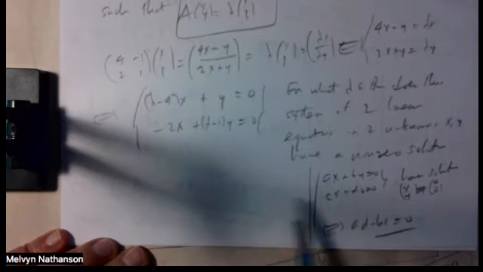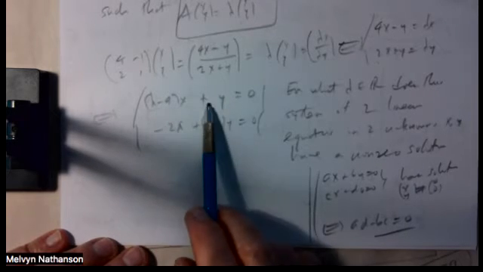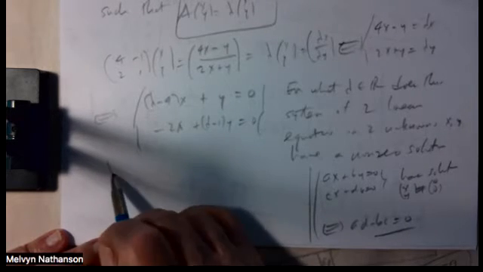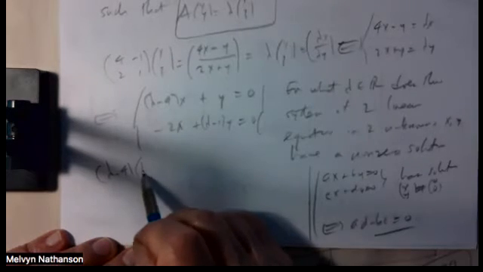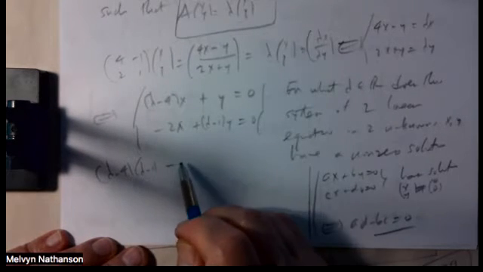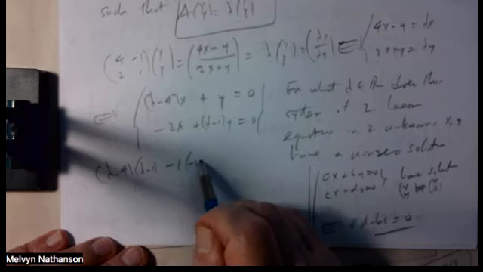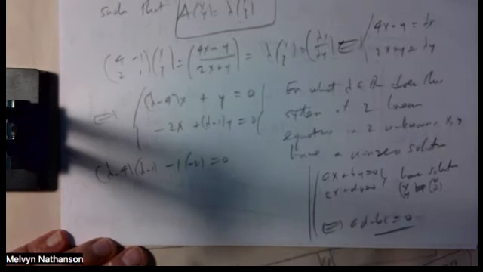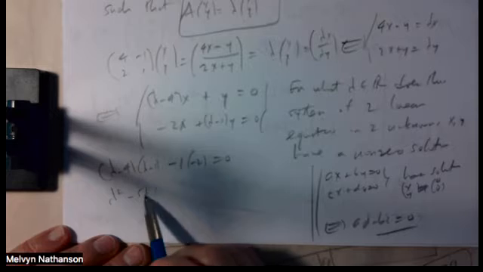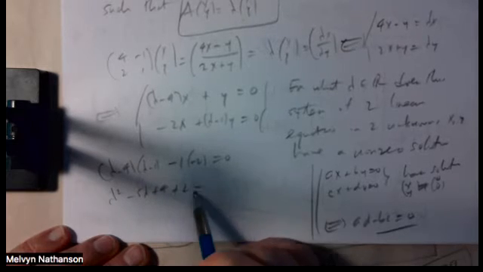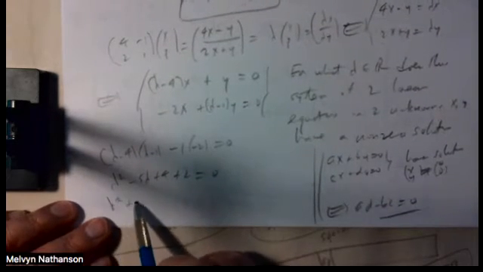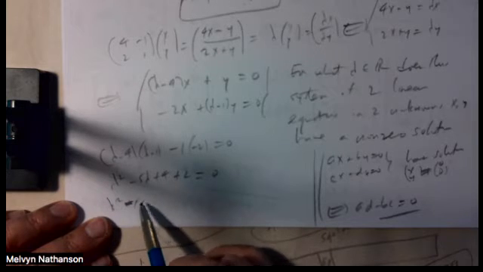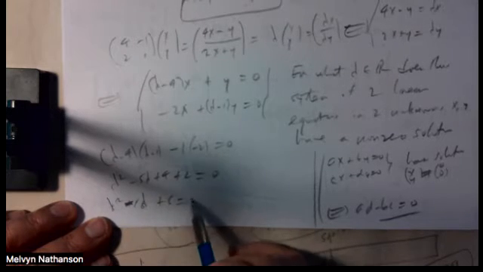So this is a, this is b, this is c, this is d. So we want to know when is lambda minus 4 times lambda minus 1 minus 1 times minus 2 equal to 0. That's lambda squared minus 5 lambda plus 4 plus 2 equals 0, or lambda squared minus 5 lambda plus 6 equals 0.